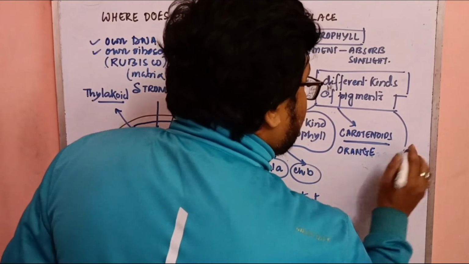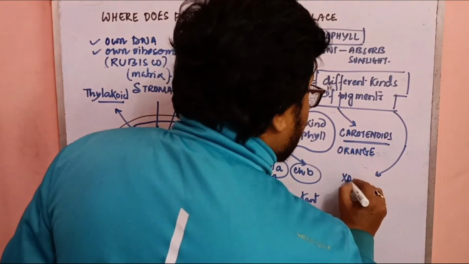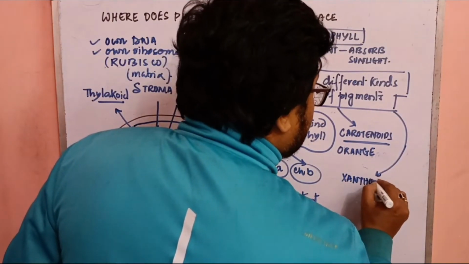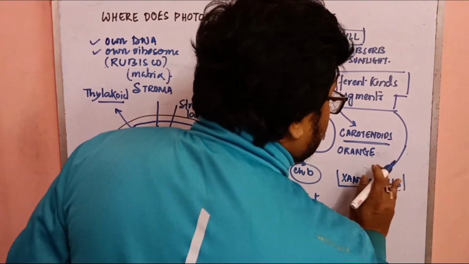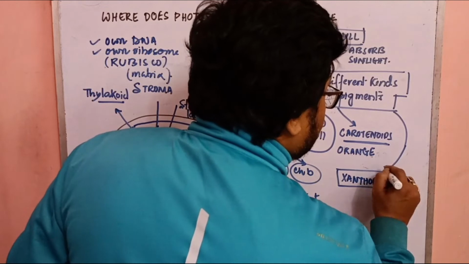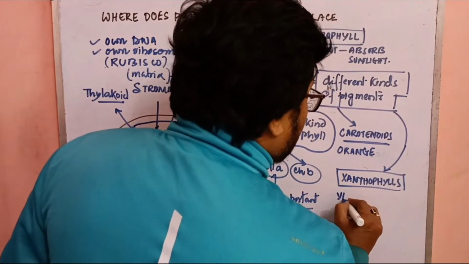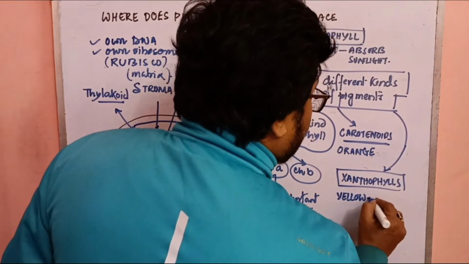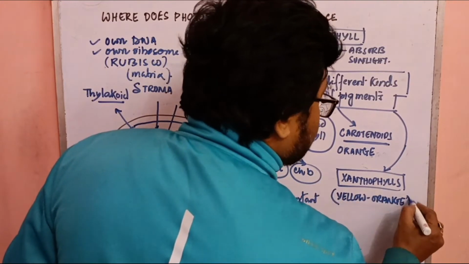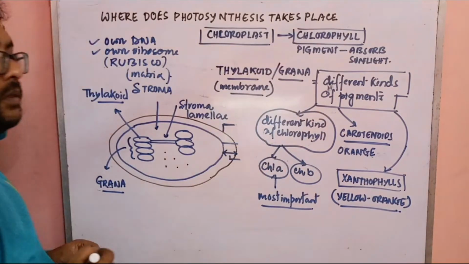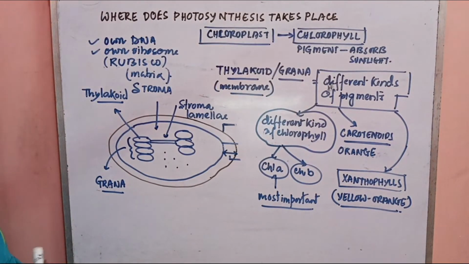And xanthophylls are basically yellow to orange pigments. Is it clear? Yes, sir.